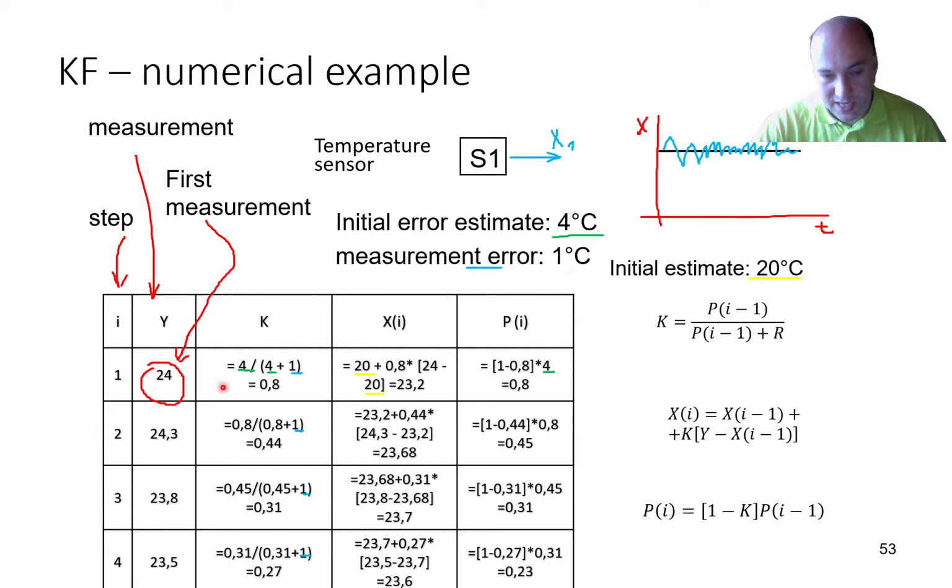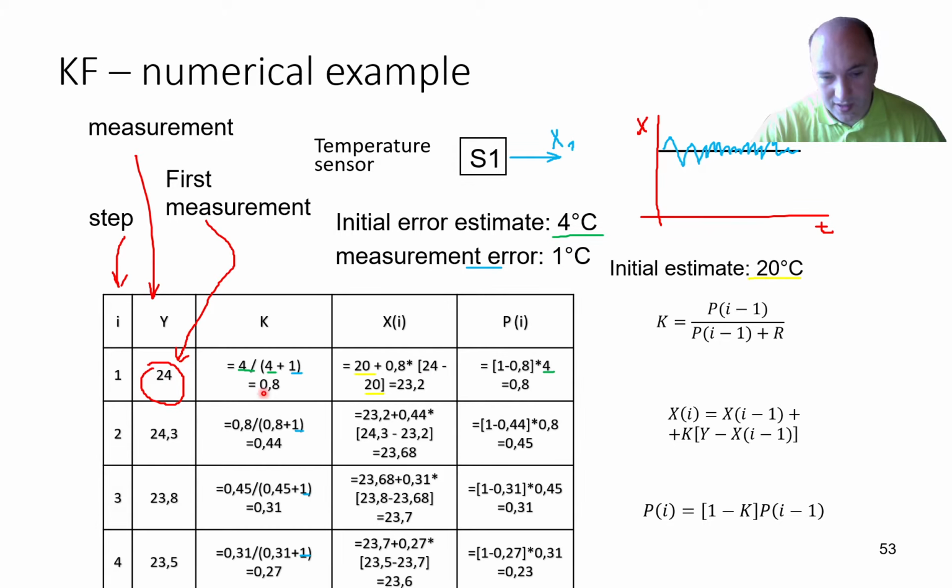So from this I will calculate the Kalman gain, and actually I don't need this measured value in order to calculate the Kalman gain, because it does not contain the measured value, but I have chosen to put it in this table after this sample.